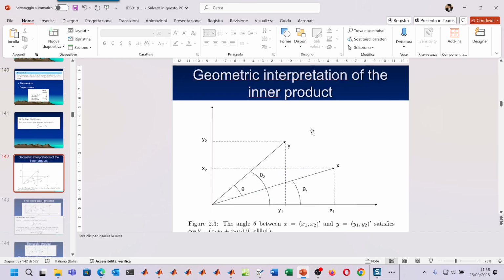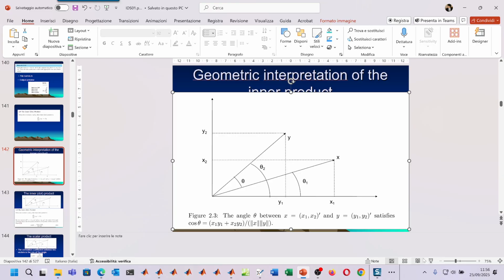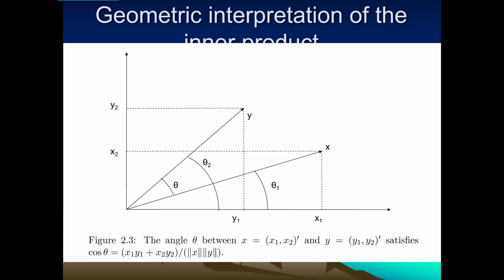Now, this inner product, geometrically, what does it correspond to? Well, if you have these two vectors, y and x, and the angle between them, the cosine of the angle is the inner product divided by the two norms.